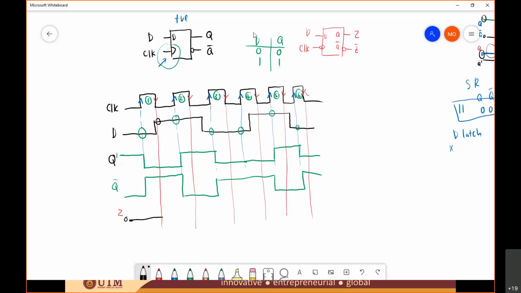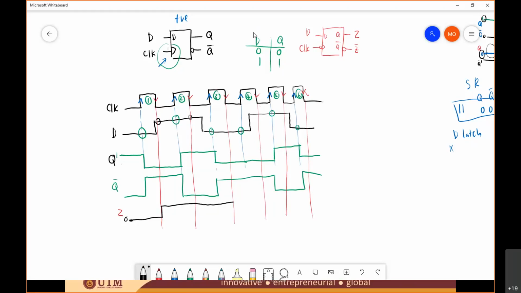Since this one is 1, dia akan jadi 1 sampailah next falling edge. For the second falling edge, the inputs remain 1, so the output will be 1 until the next falling edge, sorry, not rising edge, the falling edge.